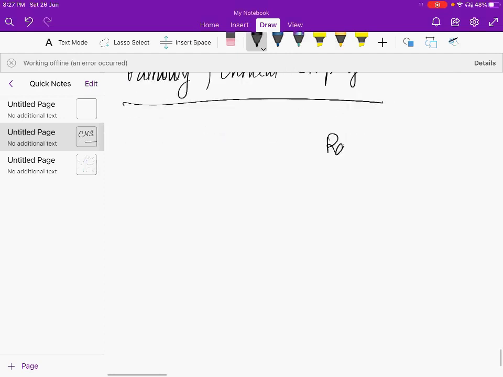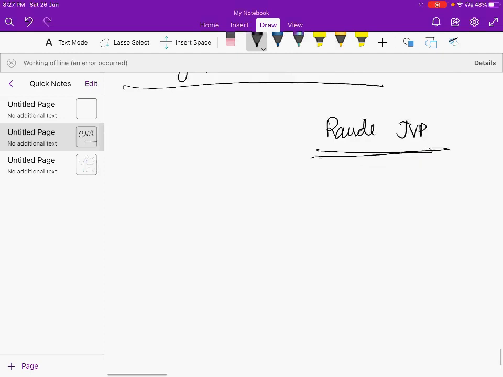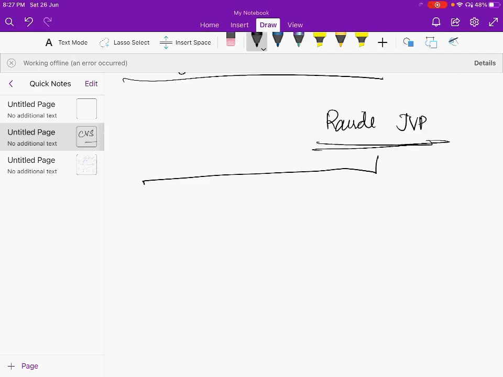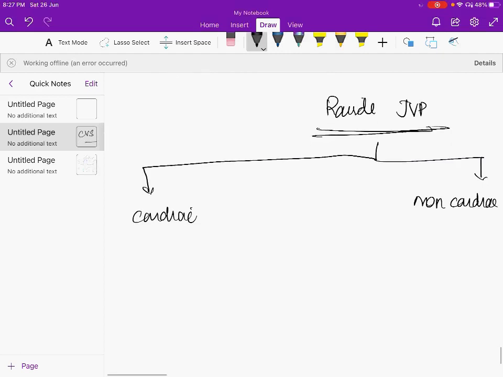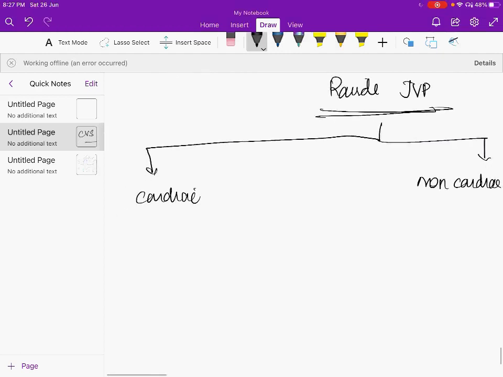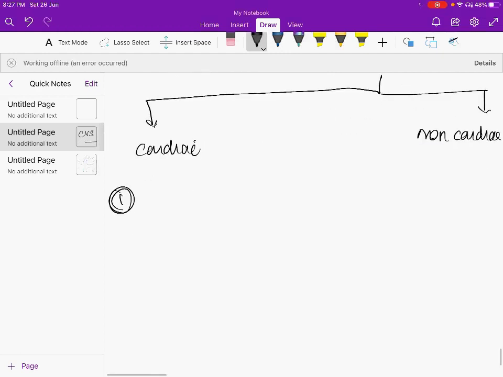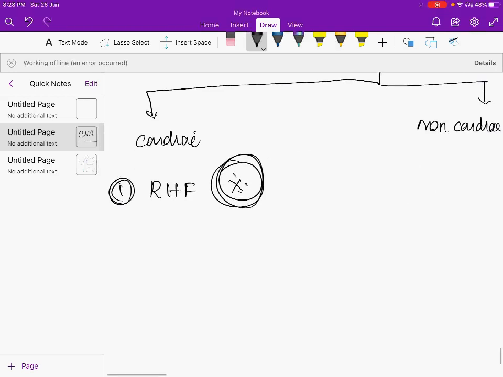What are the causes of raised JVP? We'll split it into cardiac and non-cardiac. So the most common cause is right heart failure. This is very important. So the most important cause of raised JVP is your right heart failure.